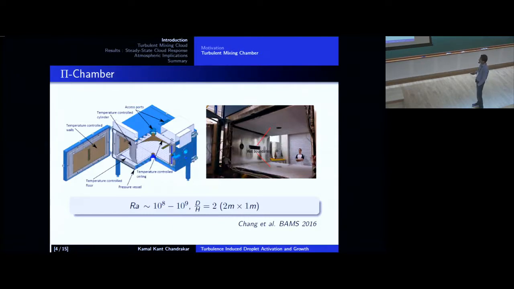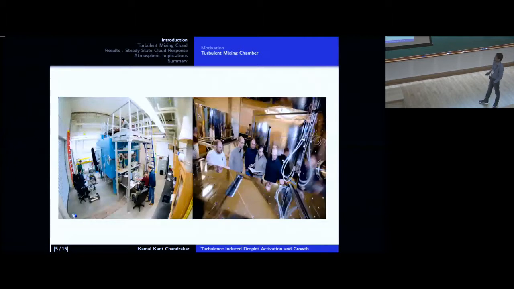We can achieve a dry Rayleigh number from 10^8 to 10^9 in our setup, and the aspect ratio of this chamber is around 2: two by two in cross section, and 1 meter in height. It's a very big facility. You can see the scale, and here are some more pictures.